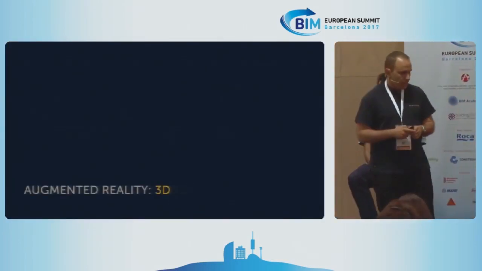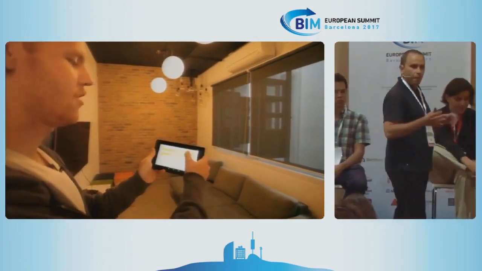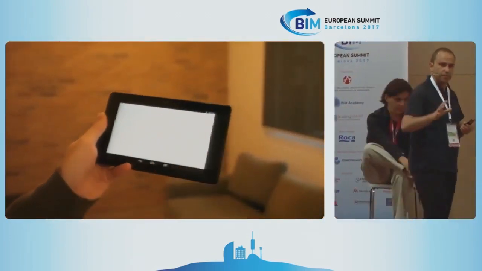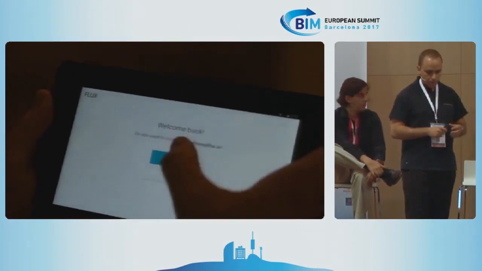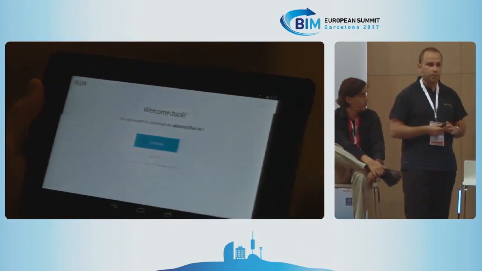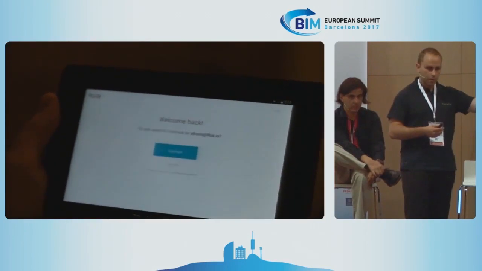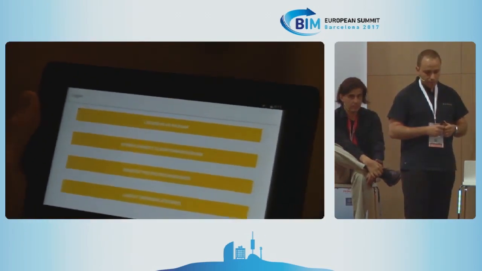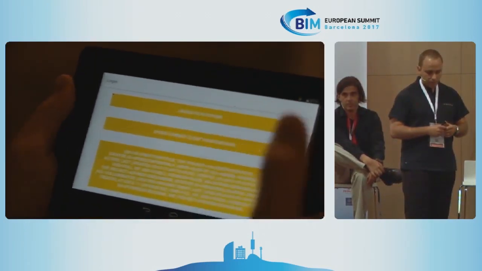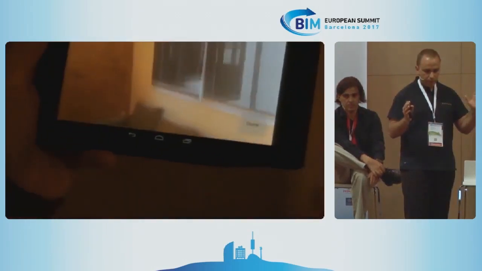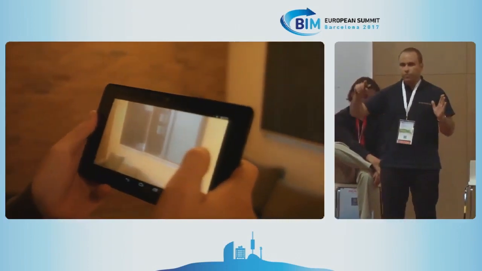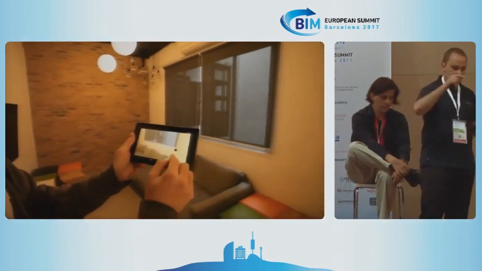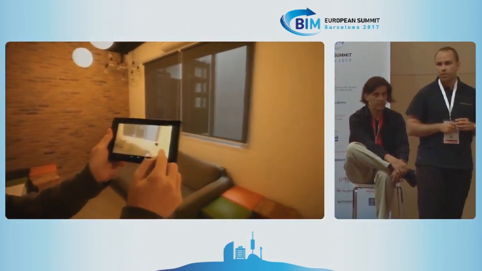And the last example is, instead of having the defects on a blueprint or a BIM model, we developed with Google Tango technology, which is an infrared technology, and Flux.io, an app where you can directly see in augmented reality and put the defects that you're spotting directly within the app.